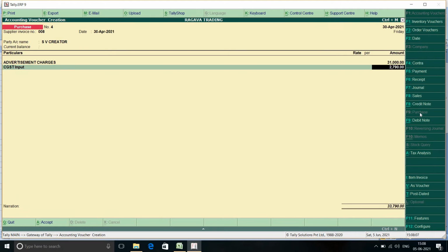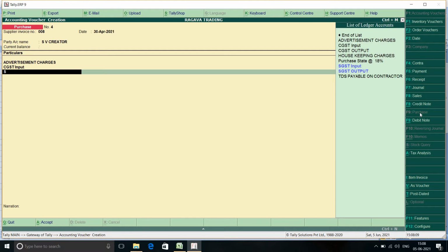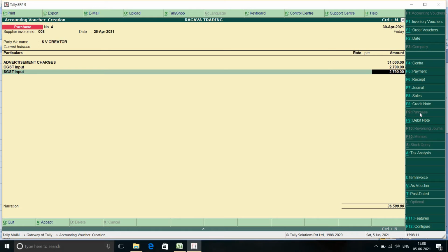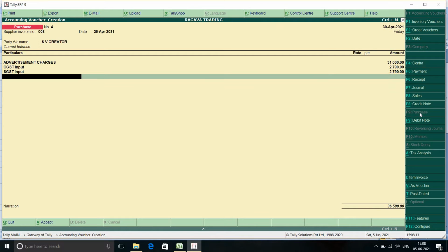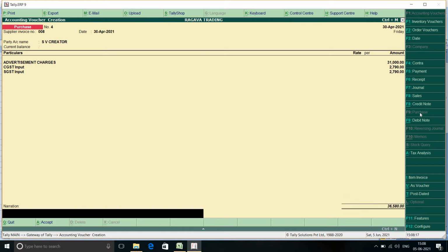CGST input, SGST input. Being advertisement charges.